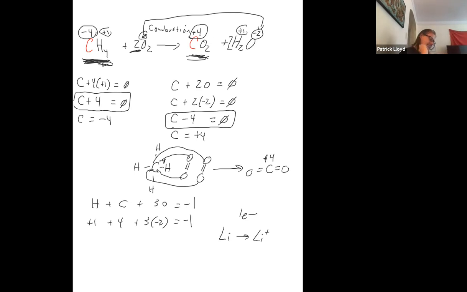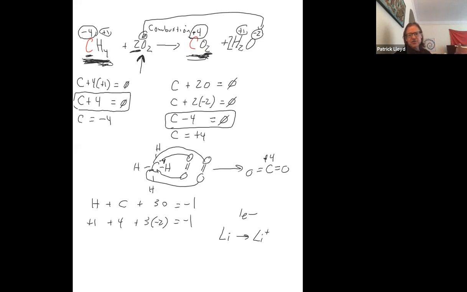The reducing agent is the one that loses the electrons, and the oxidizing agent is the one that gains the electrons. In fact, the whole terminology of oxidation and reduction comes about from oxygen. If you look at the carbon, what happened to the carbon? It went from having no oxygens to having 2 oxygens.